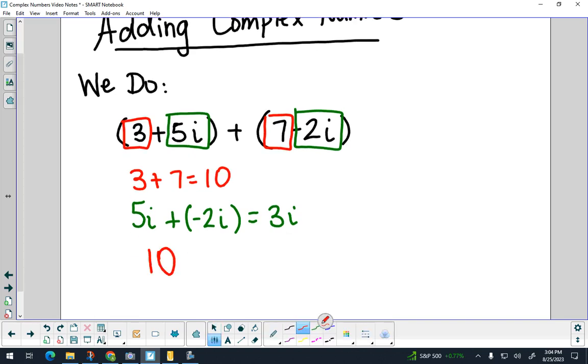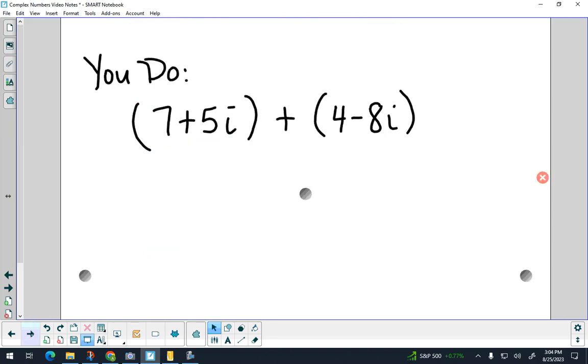Okay, remember the a has to go first, the constant, plus my 3i. Okay, and that will be my final answer. It's very simple. It's not hard. It's like terms, like with polynomials. You just need to match them. Okay, so pause the video so you can write that down. Process what happened. Use your two colors. And then I want you to try this one.